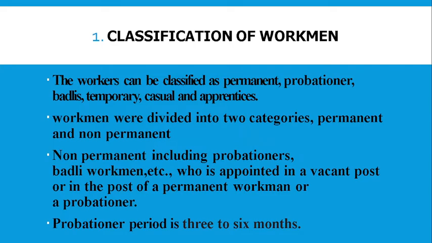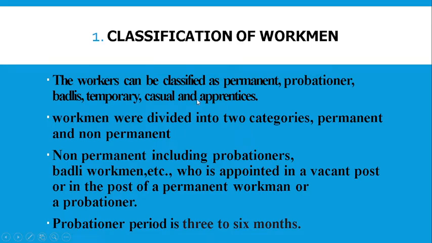Students, workers are classified into two: permanent as well as non-permanent. A permanent worker is a permanent worker, but non-permanent workers are probationary, badlis, temporary, casual, and apprentice. Whenever there is any vacant post, that post will be filled with probationers, badlis, temporary, casual, and apprentices.